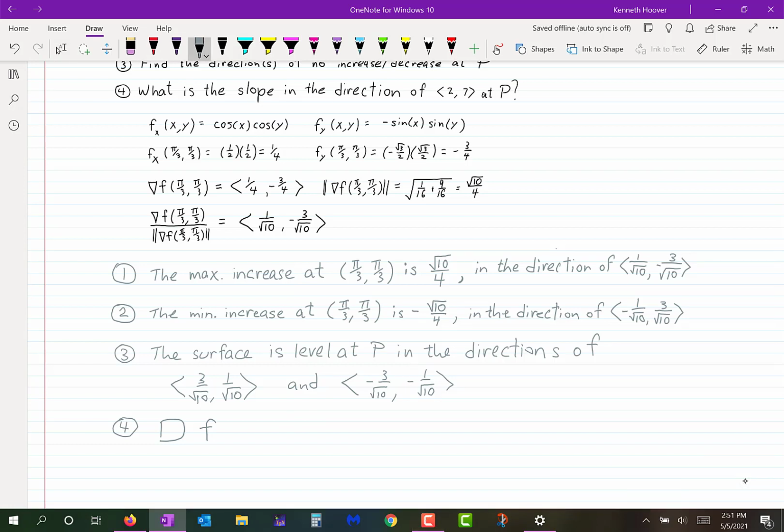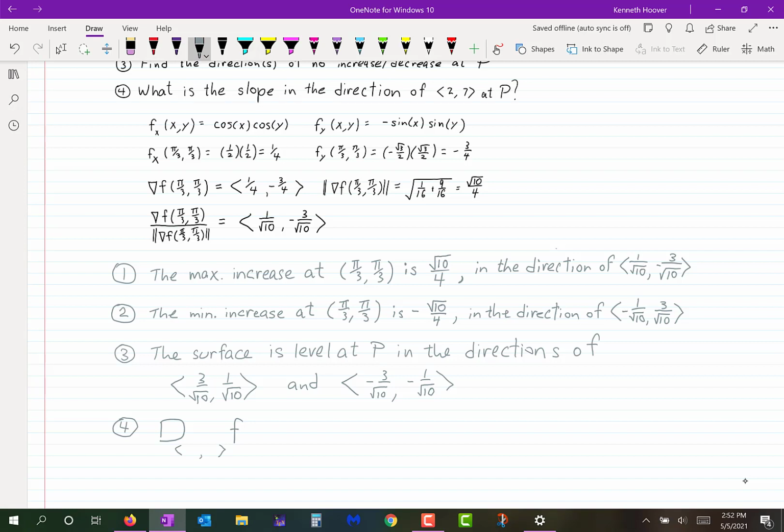Let me ask you a question. How long is the vector 2, 7? I'm not writing it down, I know that, but I'm asking you to think about it. How long is that vector? Work that out for yourself. The vector 2, 7 has a magnitude of square root of 53, right?